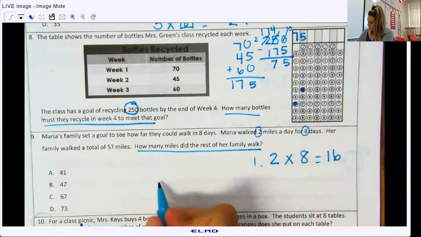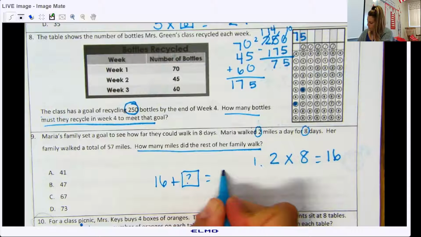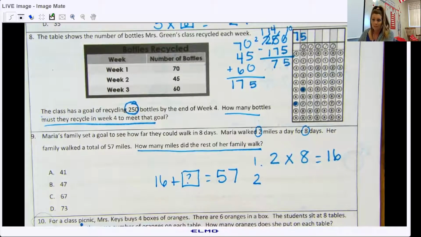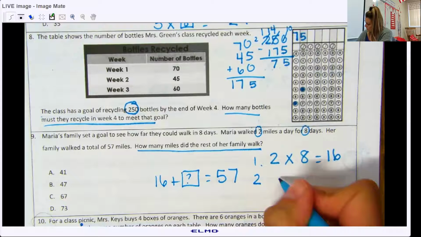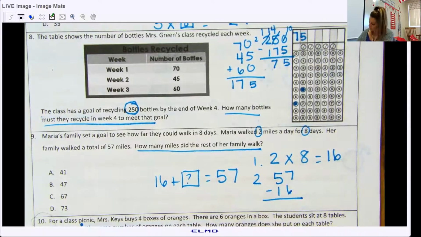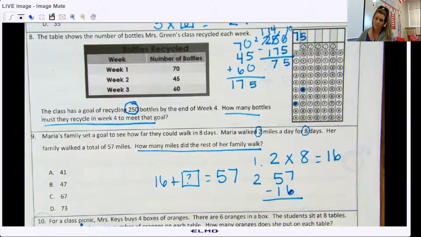And it looks like this, right? 16 plus we don't know what equals 57. So can we use subtraction to help us add? Absolutely. 57 minus 16. Hopefully that's what you had for step 2. If not, go ahead and solve it now.